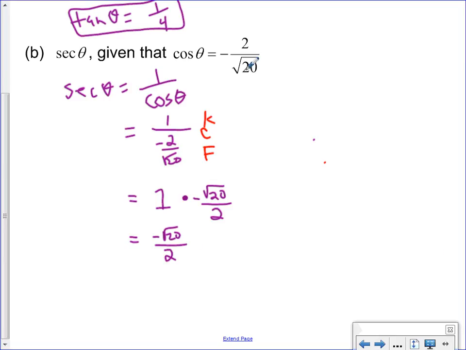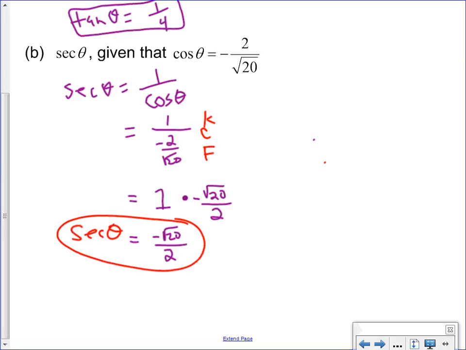All we did was flip the fraction. Once you understand that you're just flipping the fraction, that is it. So secant is the reciprocal of that thing, just a flip of negative root 2 over root 20.